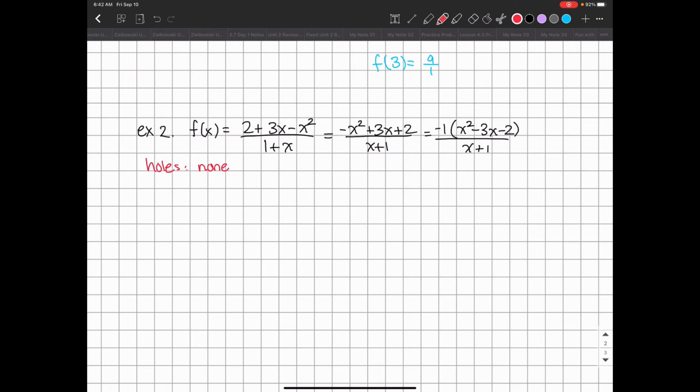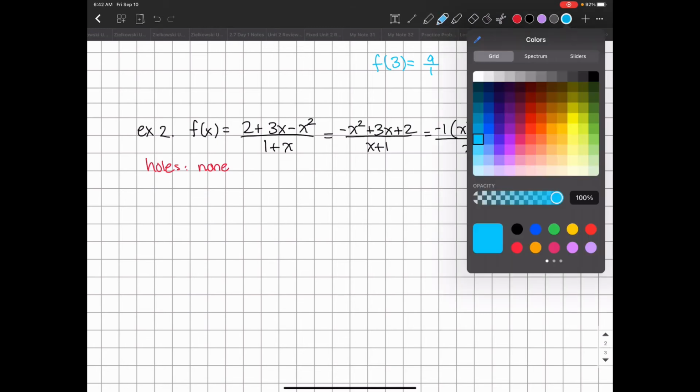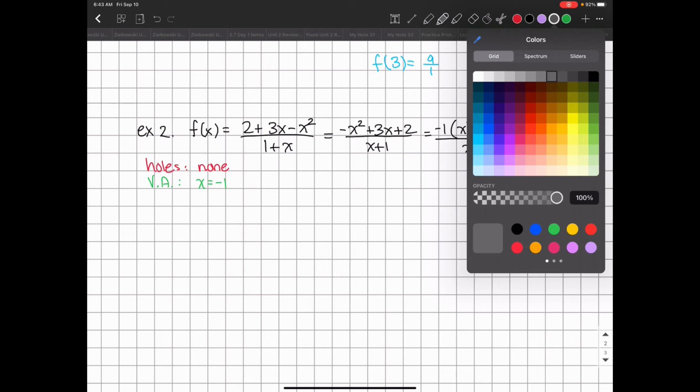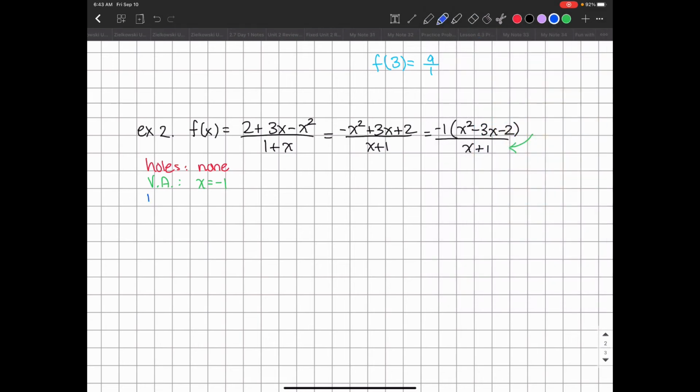The next thing I'm looking for is if I have a vertical asymptote. That's an x value that would make the denominator equal to 0, and I have one of those. Its x is -1. So I have a vertical asymptote at x is equal to -1. Then I'm going to look for a horizontal asymptote.